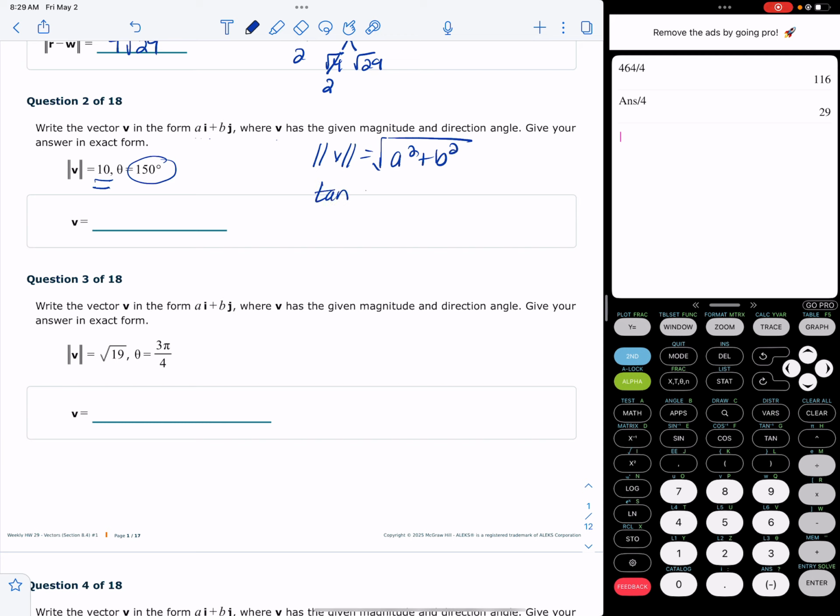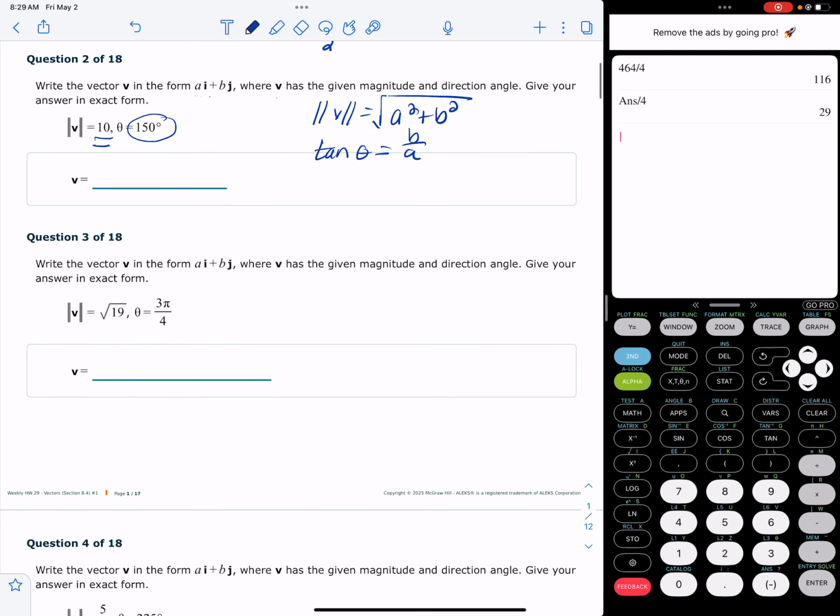Remember, we have tangent of theta is equal to b over a. And then we have the component a is equal to the magnitude of the vector times cosine of theta, and b is equal to the magnitude of the vector times the sine of theta.